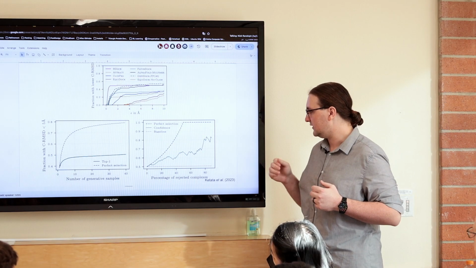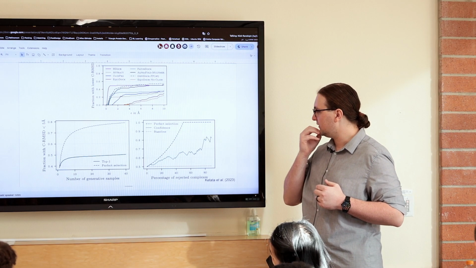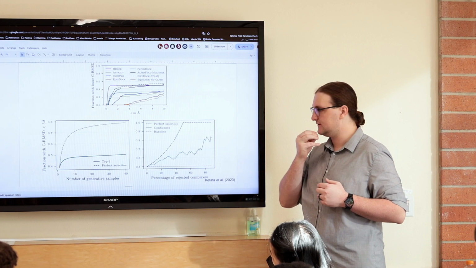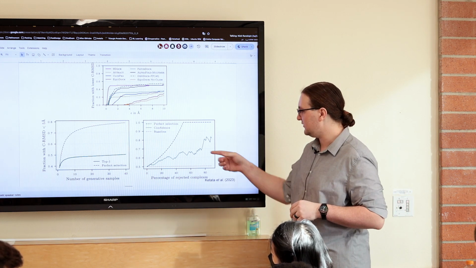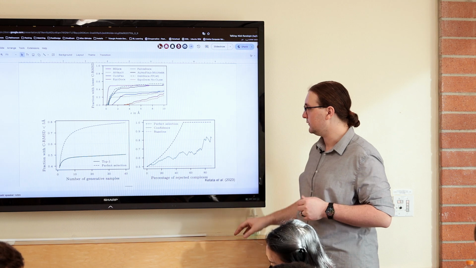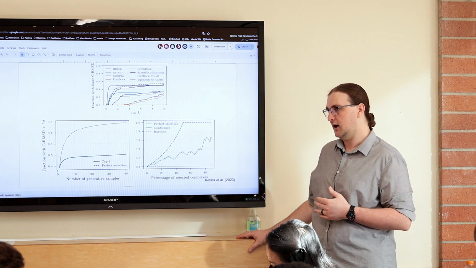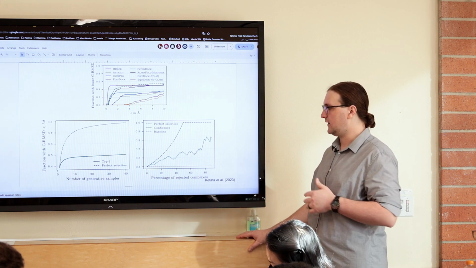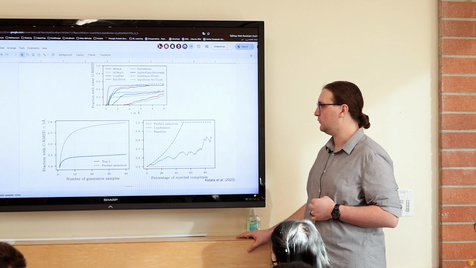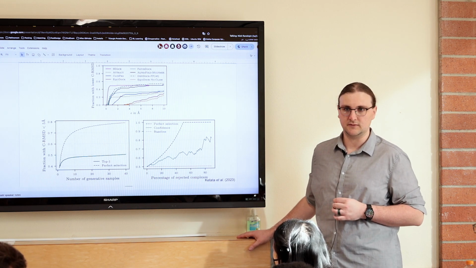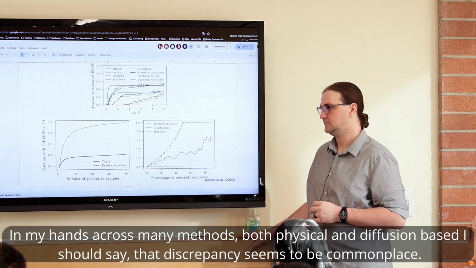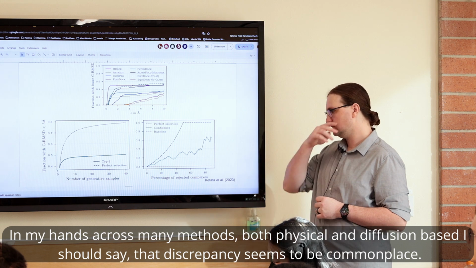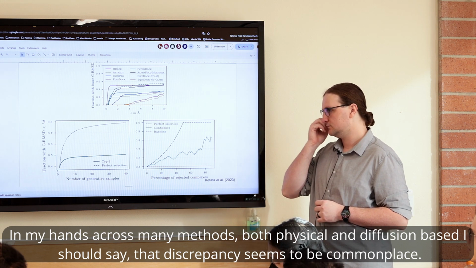And this is also similar over here. At this point, we're rejecting complexes. So this is like the inverse discrimination task. If this is wrong, as you can see, there's still this huge discrepancy between the perfect selection and confidence model. So I strongly believe that the confidence model is probably one of the underperformers in this workflow. In my hands, across many methods, physical and DL, or diffusion-based, I should say, that discrepancy just seems to be commonplace.